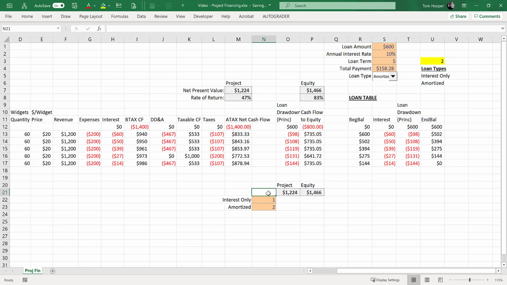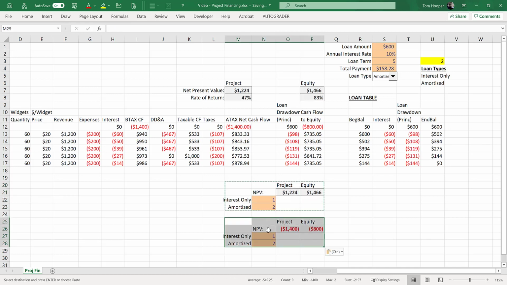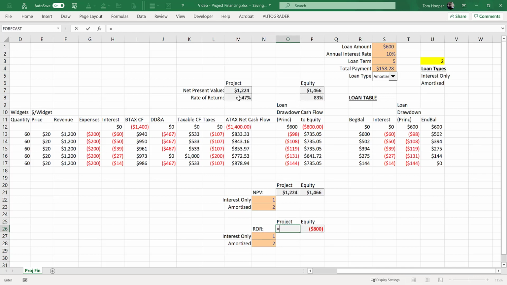And how would I complete that one? First I need to say that this is NPV. I'm going to want to turn around and do the same thing for rate of return. And for rate of return, I'm going to look here and here. So let's do some critical thinking now.